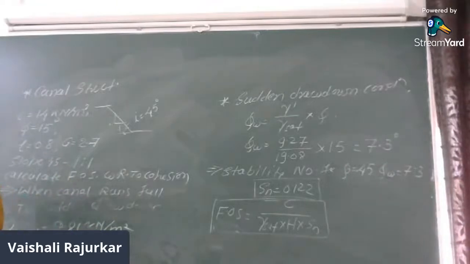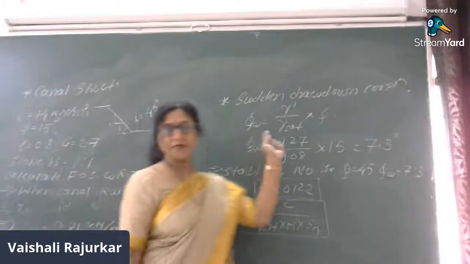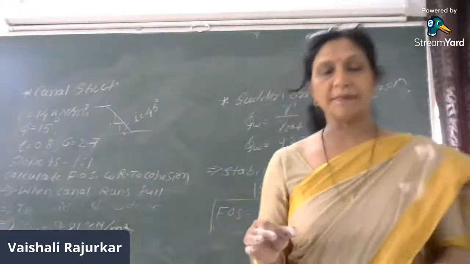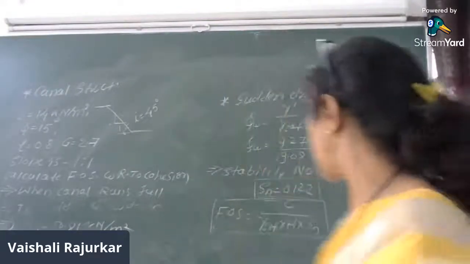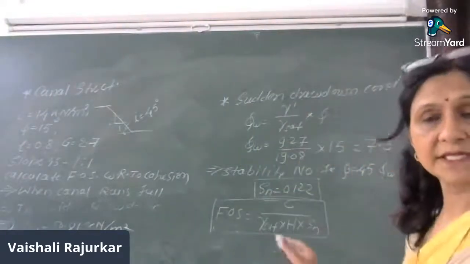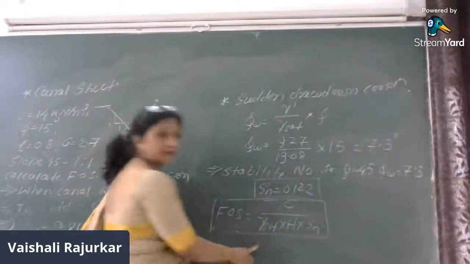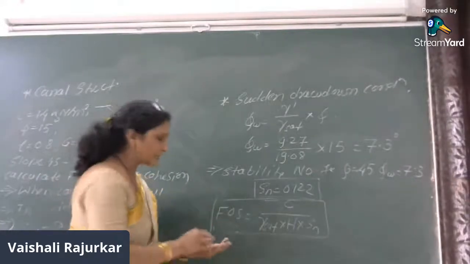Now what is the change in the equation? In the first condition, always remember that when we are considering the completely submerged soil, we will just consider gamma dash. In the previous case we considered gamma submerged.